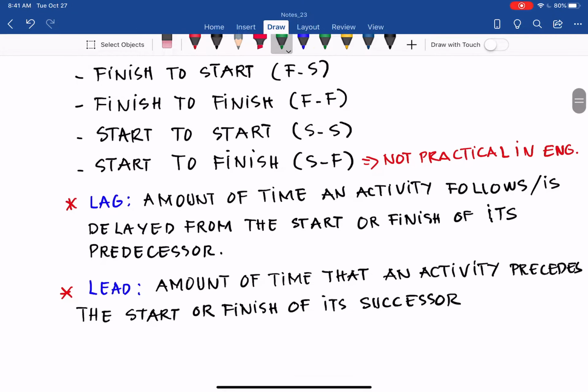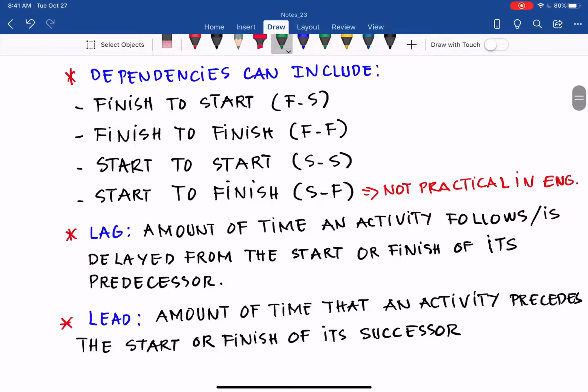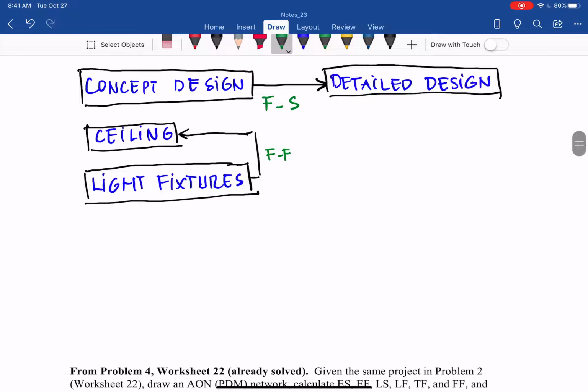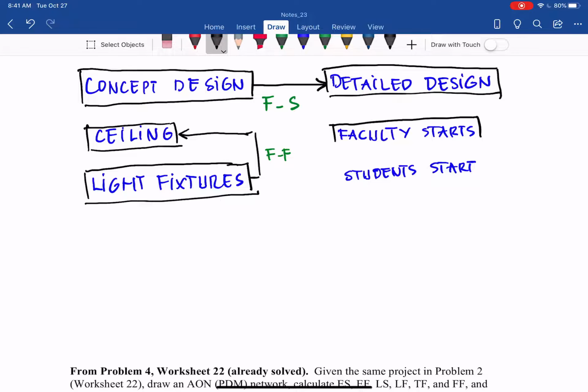The third and last one that we consider in this class is start-to-start. So I give it in here, and you can see in any synchronous section or face-to-face, if the faculty starts class, then students can start to take notes, to listen to the lesson, or play with the phone, whatever.